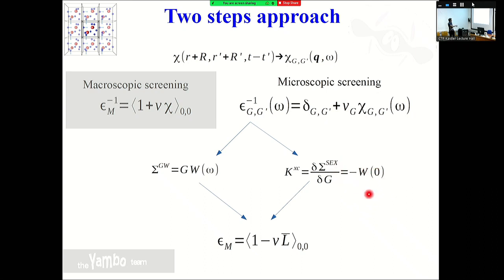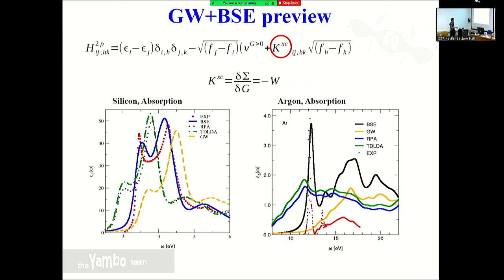And I stress again that in the GW case, you take a frequency-dependent screening. In the BSE case, you take a static screening. So you put all this together, so you put the quasi-particle energy and the kernel inside a new Dyson equation, and then you end up with a new description of the macroscopic screening which captures excitonic effects.